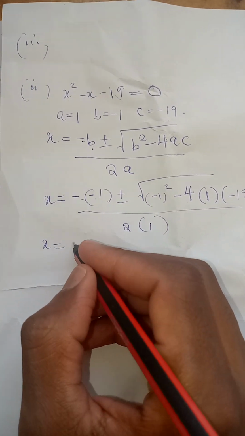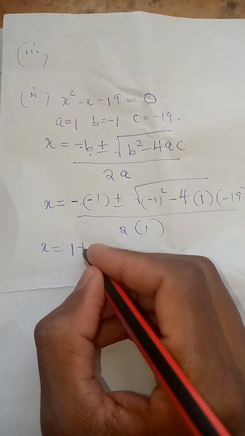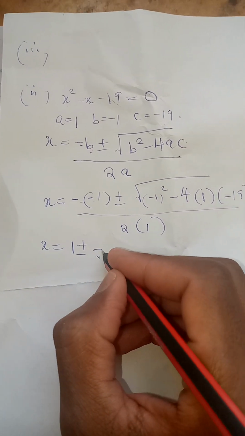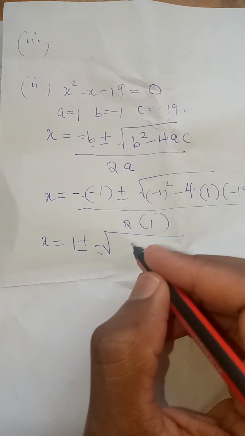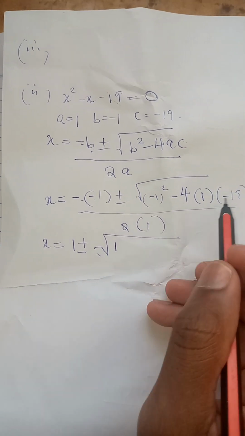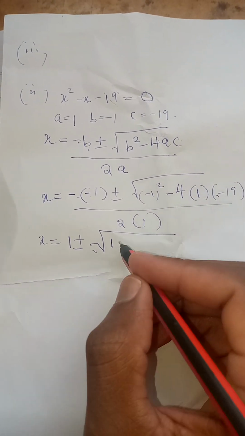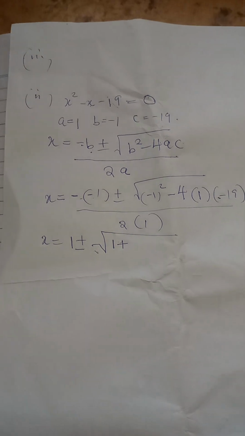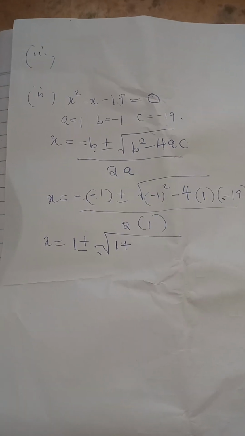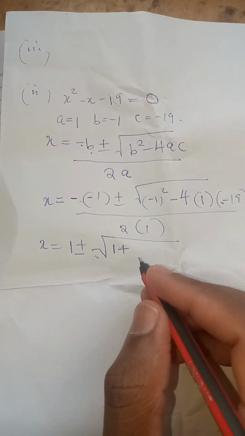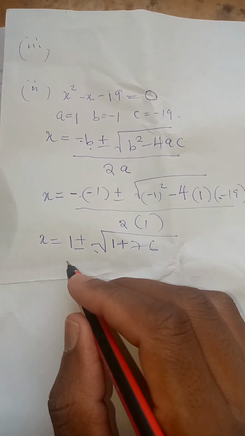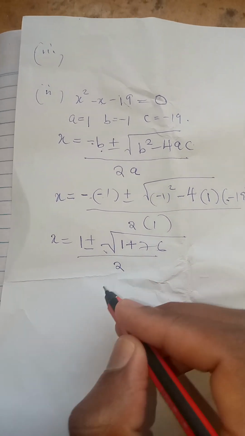So let's now simplify. Negative times negative, positive, plus or minus the root. Negative 1 squared is just 1. Negative times negative is positive. 4 times 19 is 76, over 2.